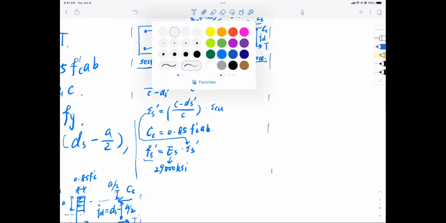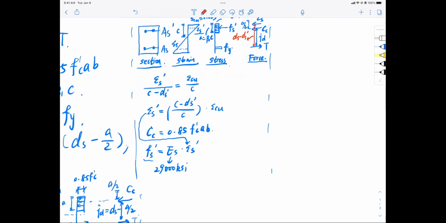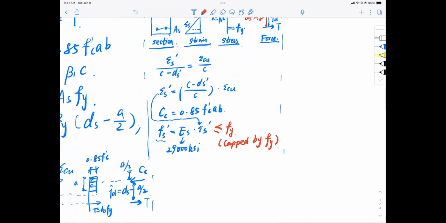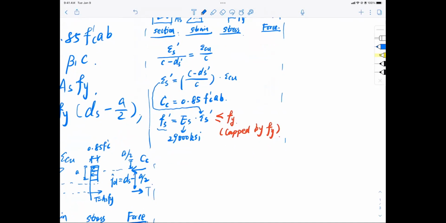Be careful when you do that: you want to make sure this is capped at the yield strength of the bar. It cannot exceed this limit, capped by Fy. The maximum compressive stress you will see from the rebar is Fy. So that is the newly introduced item.